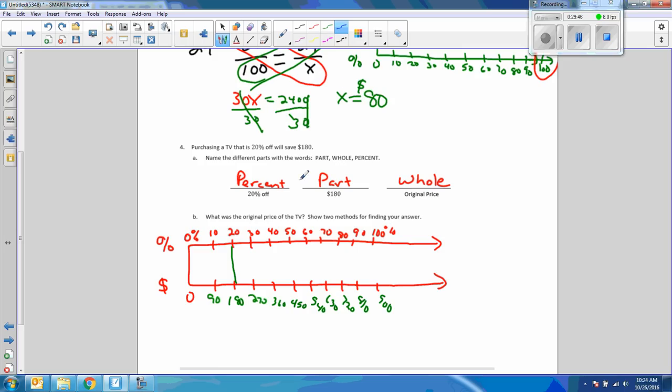Now we can answer the question. What was the original price of the TV? That's the whole price. That's the 100% portion. And it was $900. Okay, that is a 9. $900.